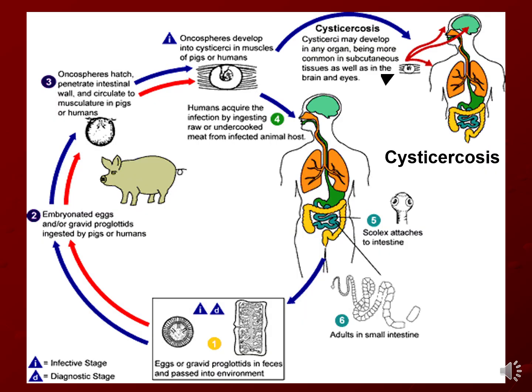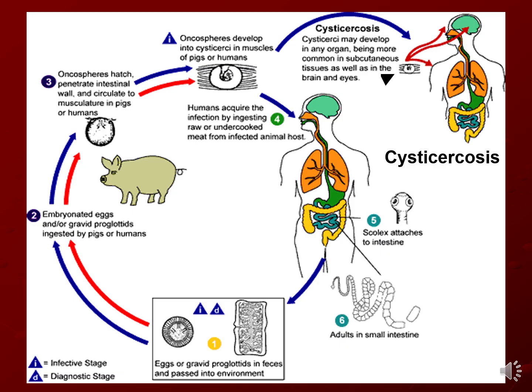So this is the Taenia life cycle. But one more thing, here we have cysticercosis. It's the same life cycle, but here we see only the pig in this picture. Why is this so?